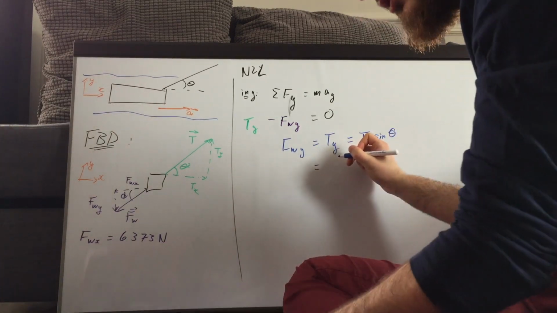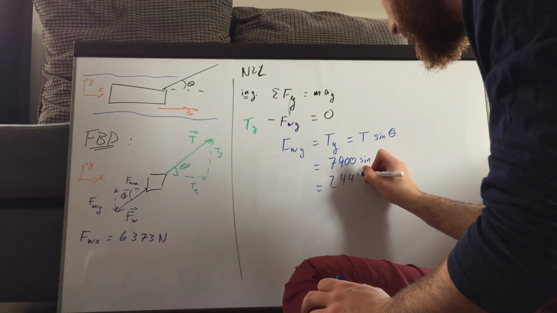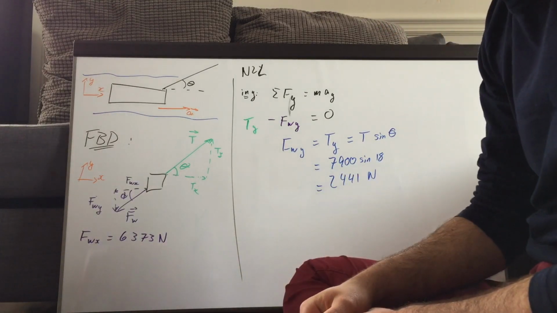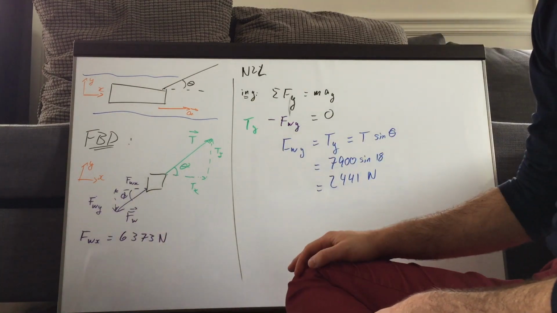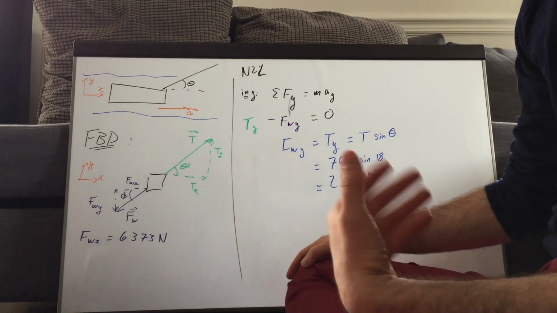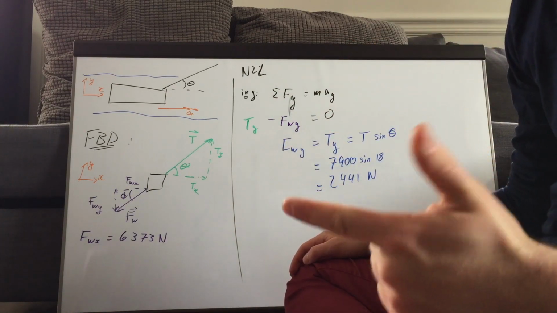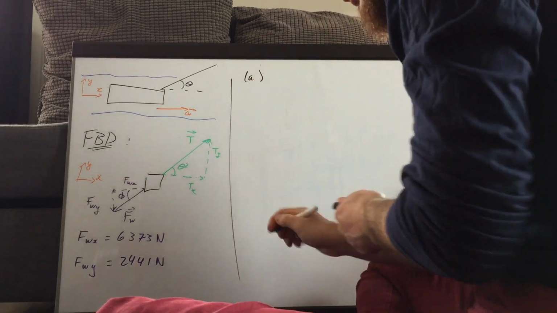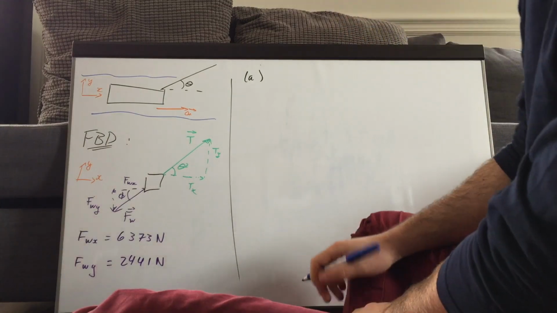Again, plug in our numbers. Fwy is 2,441 newtons. We have our two x and y components for the drag force. All we need to do is use Pythagoras and the arctangent to find first the magnitude and then the angle of this drag force. Part A, we wanted to find what the magnitude of this drag force was.